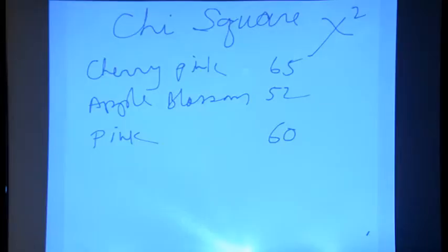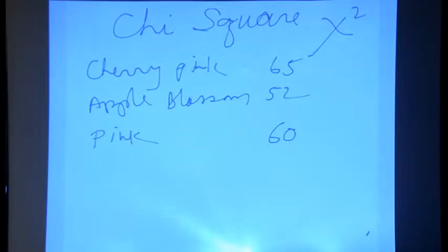These are the frequencies they got. Cherry pink was 65 people, pink was 60 people, and apple blossom there were 52. Now, he wants to know, do these numbers say that they prefer one color over the other?